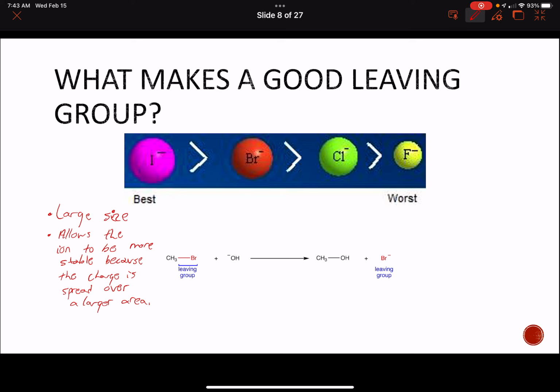So if you look at the reaction at the bottom, it says that bromine's a leaving group and OH minus is going to usurp bromine's spot, which means that OH minus is a better attacker. And so OH minus will basically take the place of bromine in this compound. So if we add some sodium hydroxide to a solution of that halogen alkane, we will kick that halogen out and make an alcohol.